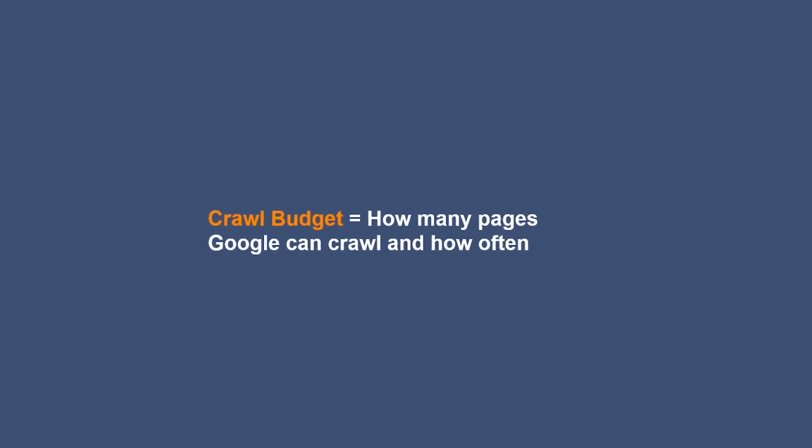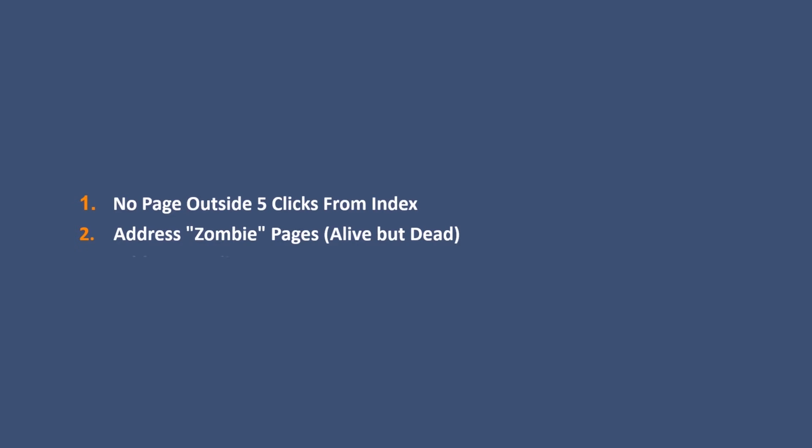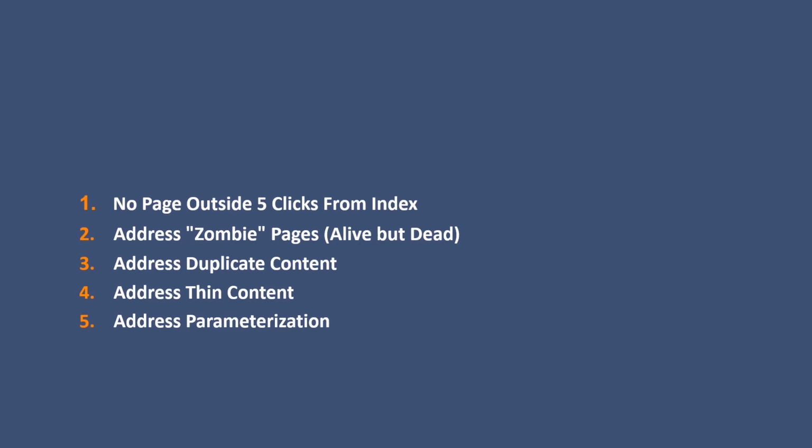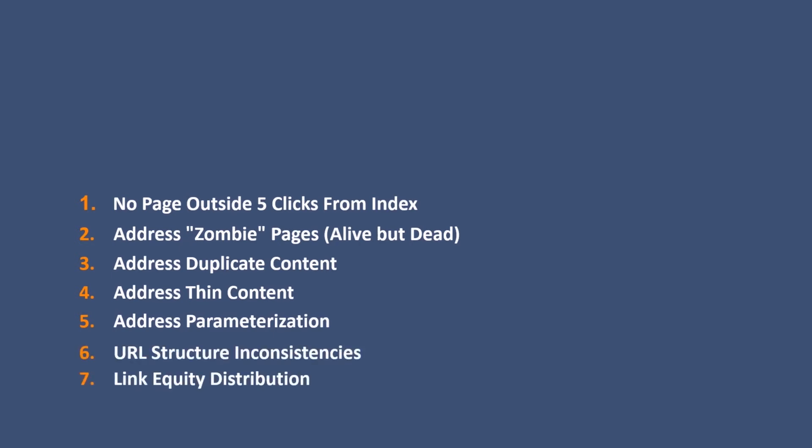This will help ensure that every page on your site has a purpose and utilizes your limited crawl budget efficiently, ensuring that you have no page outwards of 3 to 5 clicks from the index page, addressing zombie pages, duplicate content issues, thin content issues, parameterization issues, URL structure inconsistencies, and then of course, link equity distribution, or ensuring that the pages of similar intent and value are getting the amount of link equity from the page before it in an equal manner. And proper site mapping by page type.